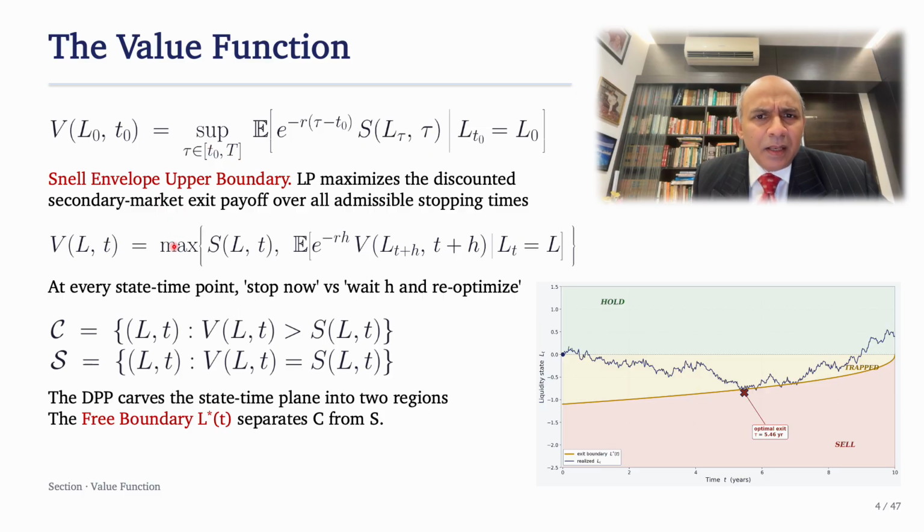And then the Bellman equation restates this recursively at each state-time point: V equals the max of S versus wait and reoptimize. The DPP carves the plane into C, the continuation region, and S, the stopping region. The issue is how to locate this free boundary L star.